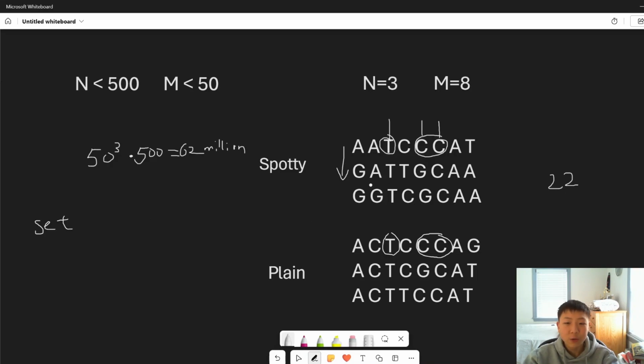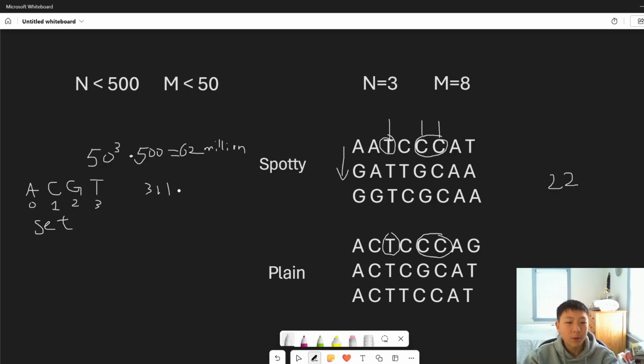And the way we're going to store that in the set is we're going to make it a base 4 number. Because all we can have in the genes are A, C, G, and T. And so we can map those each to a number. So let's just say A is 0, C is 1, G is 2, and T is 3. So by doing this, TCC would just be 311.